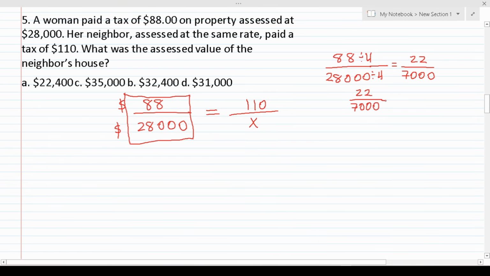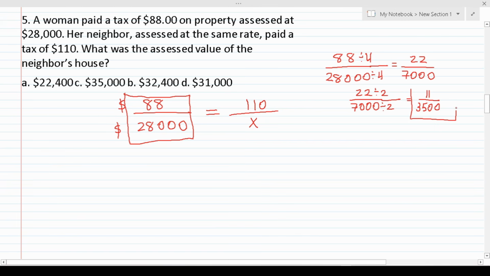At some point, you might not be able to and just have to bite the bullet and do the math. But let's see. If I divide 22 by 2 and 7,000 by 2, I know 22 divided by 2 is 11, and 7 divided by 2 is 3.5, but this will be 3,500.